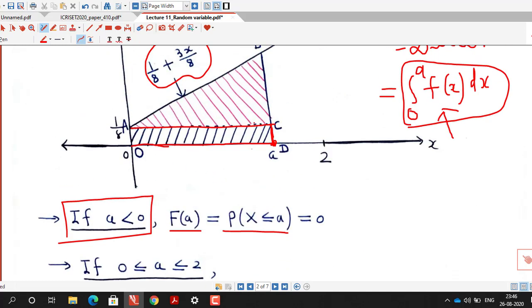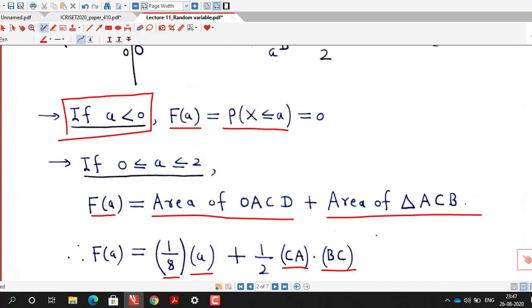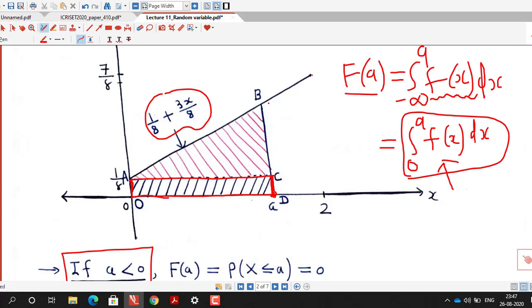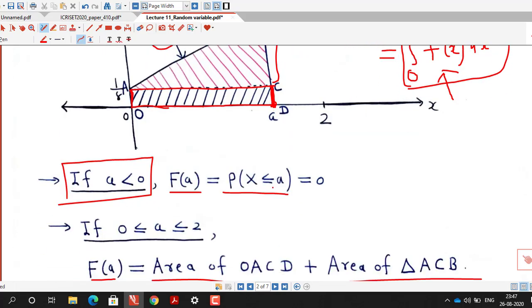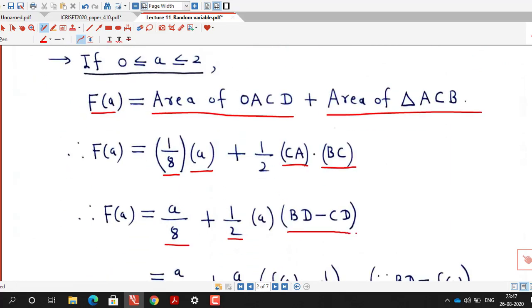The length of AC is small a, since AC is a minus 0, that is a. And BC is nothing but BD minus CD, so we have to subtract the length CD from the whole length BD.